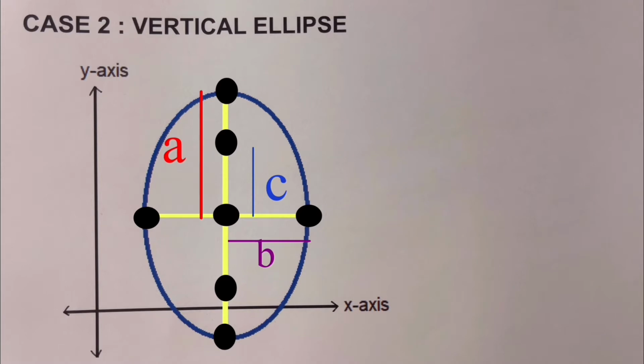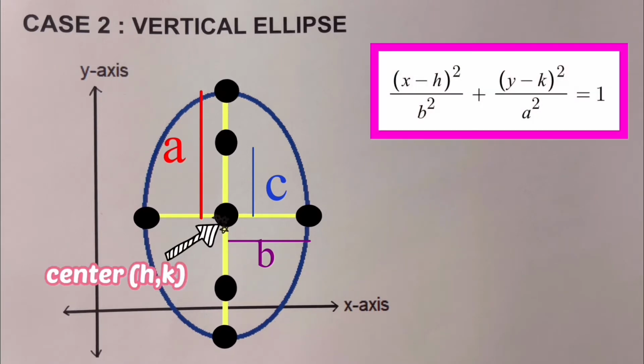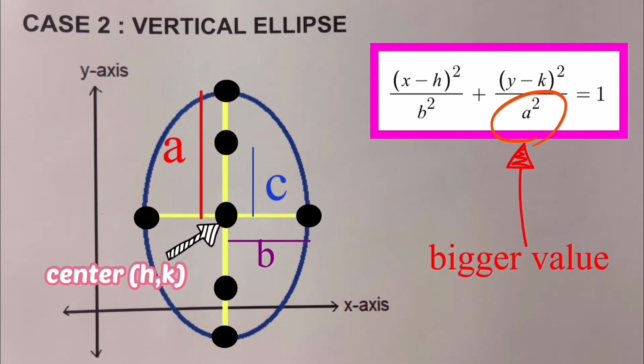Using all these values, we remember that the formula for vertical ellipse is (x − h)² over b² plus (y − k)² over a² equals 1. Now we remember that our a², which is the greater value, is placed under the quantity (y − k)². The reason for that is because this is a vertical ellipse.